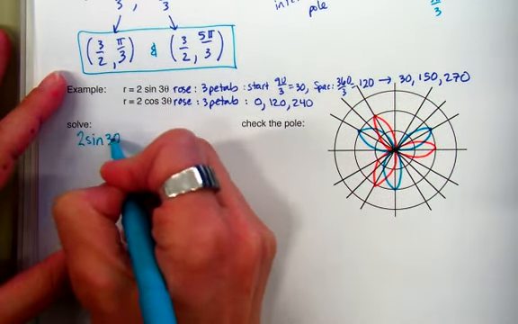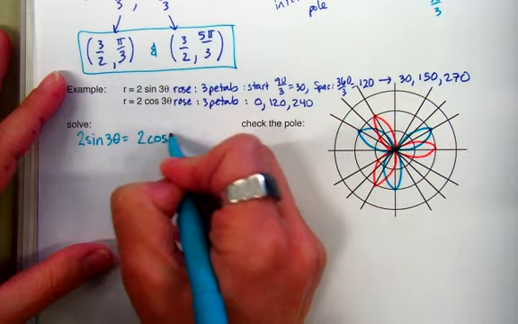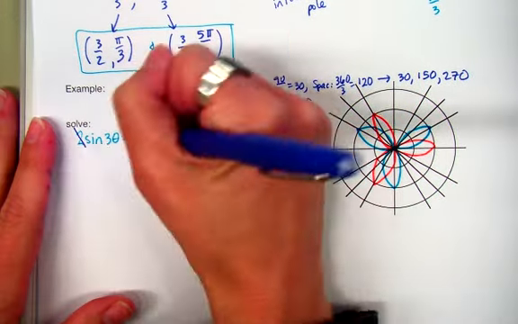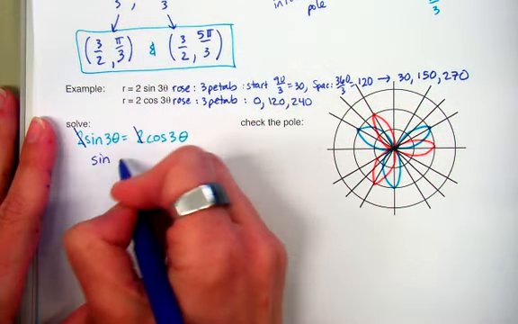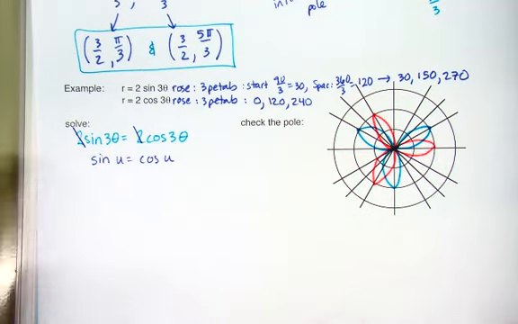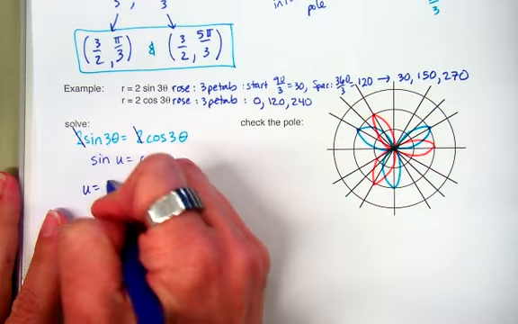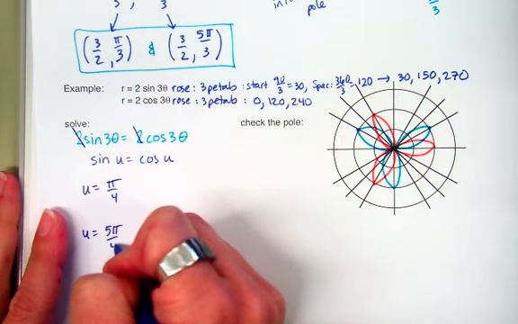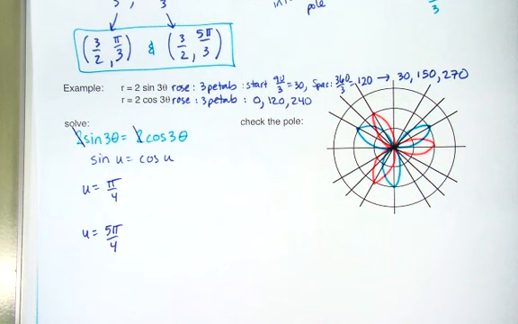This is so fun because I'm kind of a nerd, if you haven't figured that out yet. All right, these are gone. I have the sine. Let's do a u substitution right away. Oh, we just did this. When is sine equal to cosine? Pi over 4. And? 5 pi over 4. Very good. So it's only when we're at the root 2 over 2's or the negative root 2 over 2's.